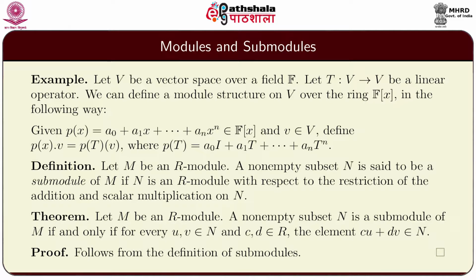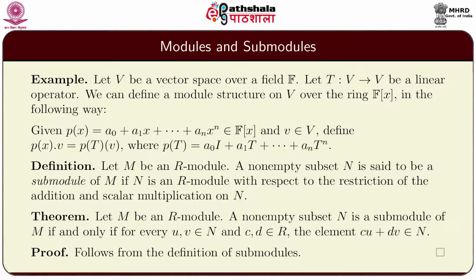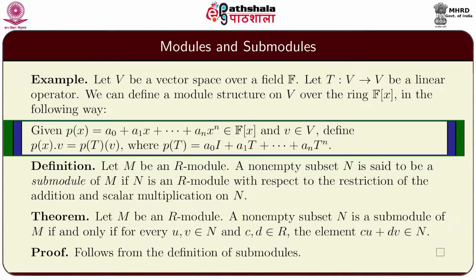Another example, let V be a vector space over a field F and T from V to V a linear operator. We can define a module structure on V over the ring F[x] in the following way. So, F[x] is the polynomial ring over the field F, and the module structure is given through this scalar multiplication. So, take any polynomial p(x) in F[x] given by a0 plus a1 x and so on up to an x to the power n.